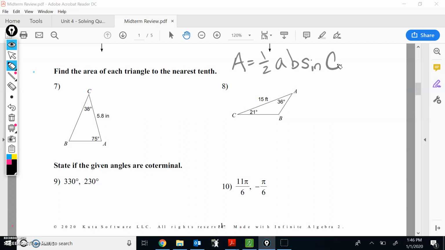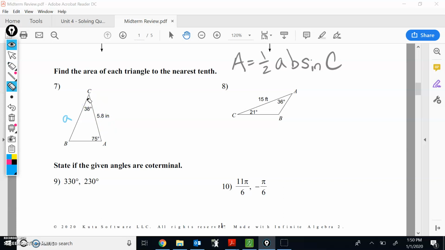We need to make sure that we have everything first in the triangle before we plug it into the formula. Since we do not know everything we need for this area formula, for example, we don't know A, but we do know B, and we do know the angle C. Let's find A real quick.